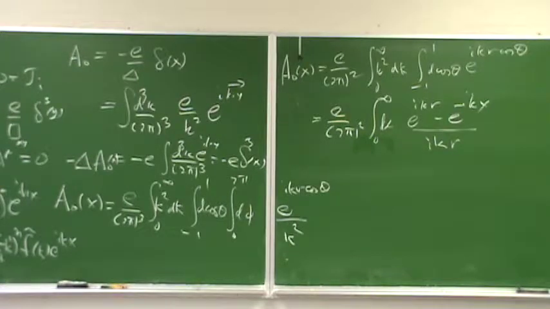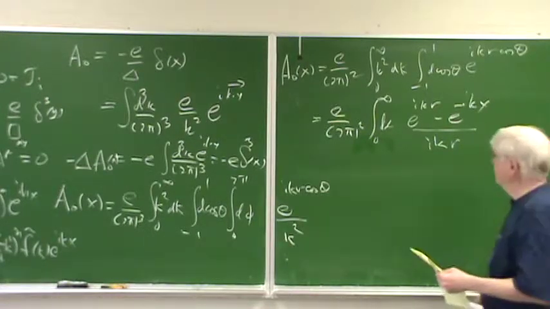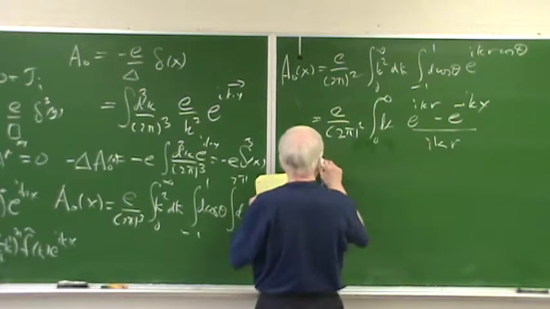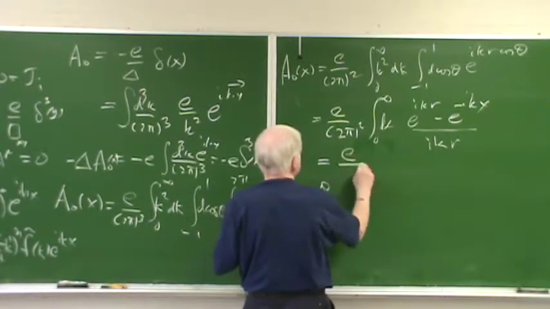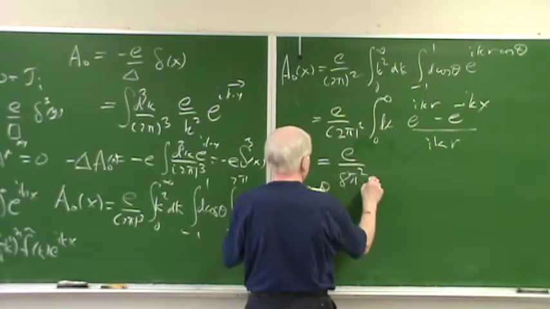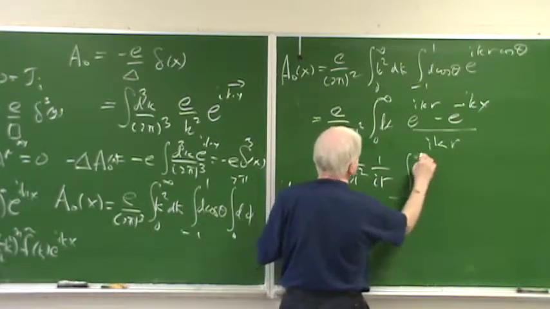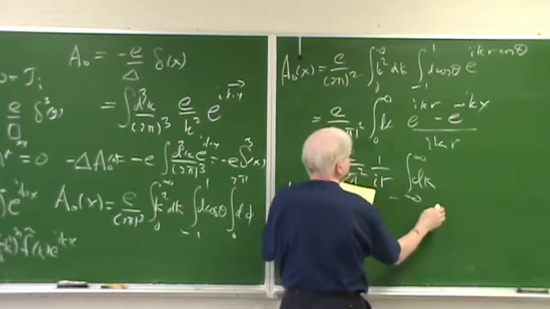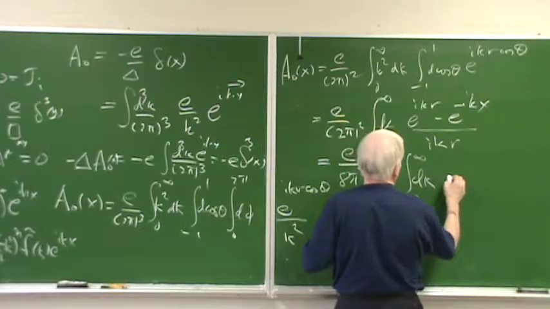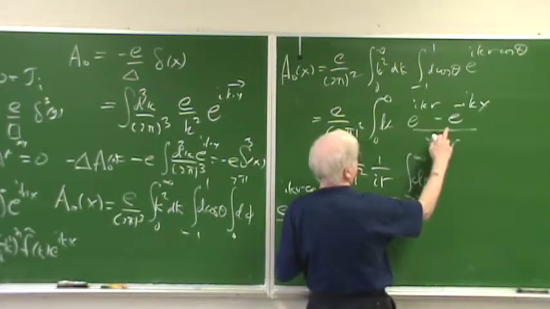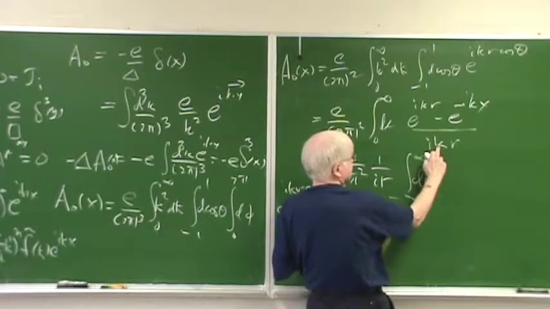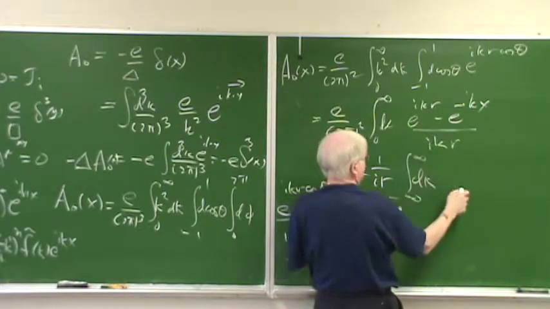And so this is 4 pi squared. We can change this to 8 pi squared and pull out the I r if we integrate from minus infinity to plus infinity dk. What happens is when you go to negative k, this flips sign, but these guys flip sign also.